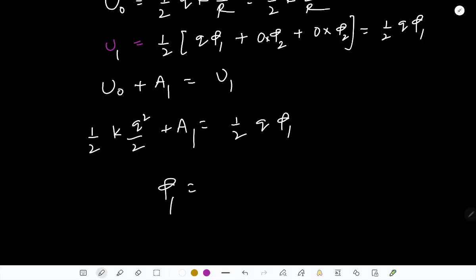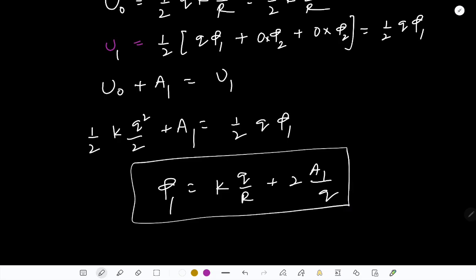If we divide both sides by half q, we get the potential of the charged ball after they got together: phi1 will be kq by r plus 2A1 by q. So this is the result in the first case.